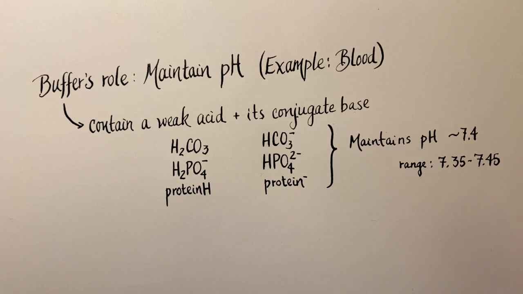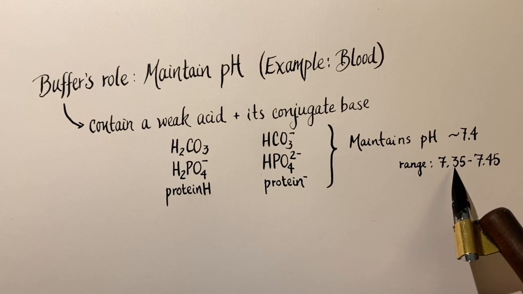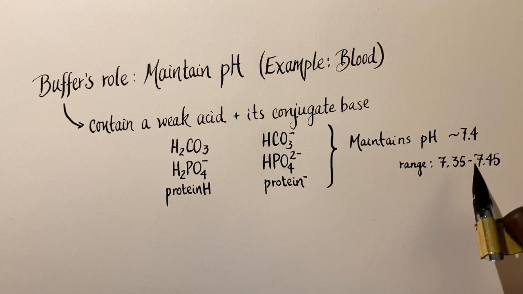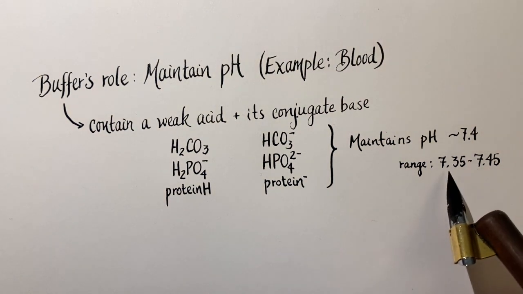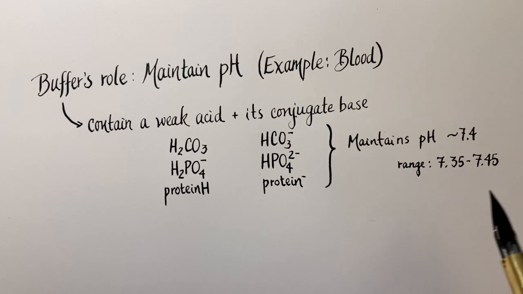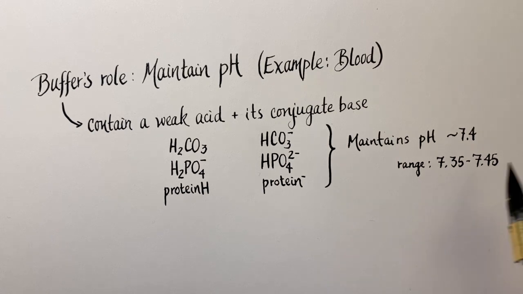Okay. So if it goes below 7.35, you have something called acidosis. Okay, your blood is too acidic, and you can get very ill from that. You could even die if it gets way below.